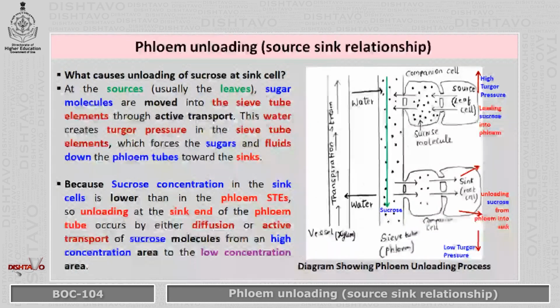Because sucrose concentration in the sink cell is lower than in the phloem sieve tube elements, unloading at the sink of the phloem tube occurs by either diffusion or an active process of the sucrose molecules from a higher concentration area to a lower concentration area.